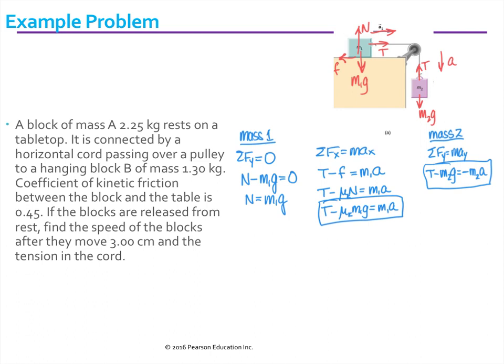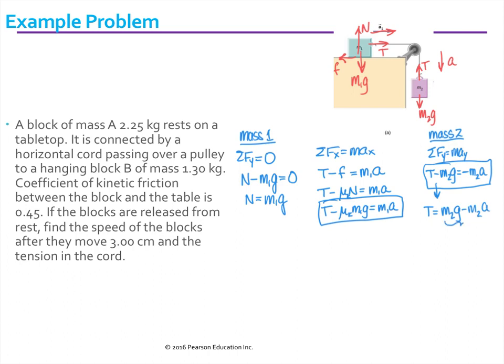Now, how I solve them, there's probably quite a few different ways I could go about doing this. I'm going to show you what I would do. You might do it differently. It doesn't really matter as long as we're both careful and don't make any little silly mistakes. I'm going to solve for tension out of this equation. So tension is equal to m2g minus m2a.